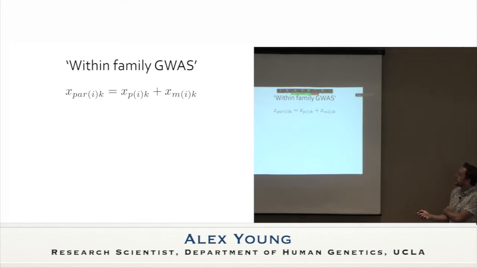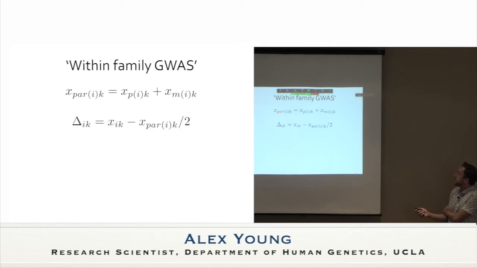So then, to get towards the actual within-family GWAS equation, you can define the parental genotype to be the sum of the father's and the mother's genotype. That can go from 0 to 4, although we're assuming mean normalization here, probably just for notational convenience. If we weren't mean normalizing, it would go from 0 to 4.